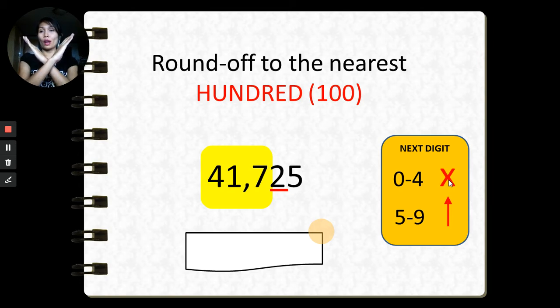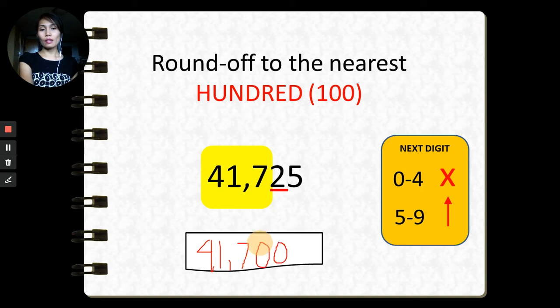That means you don't have to do anything with it. So we'll just copy 41,700. Okay, that's in the hundreds place. After the hundreds place, all the digits to the right will become 0.